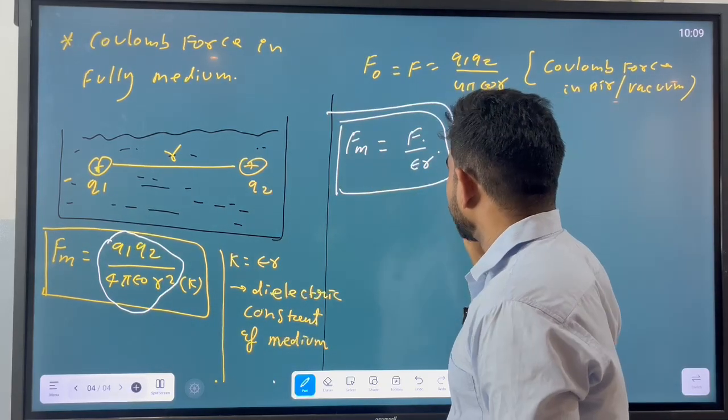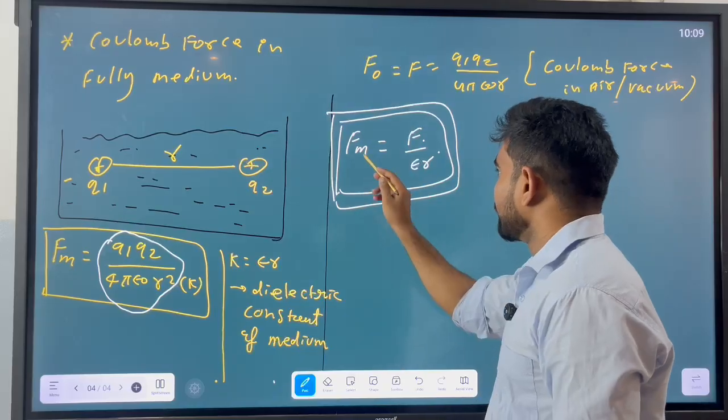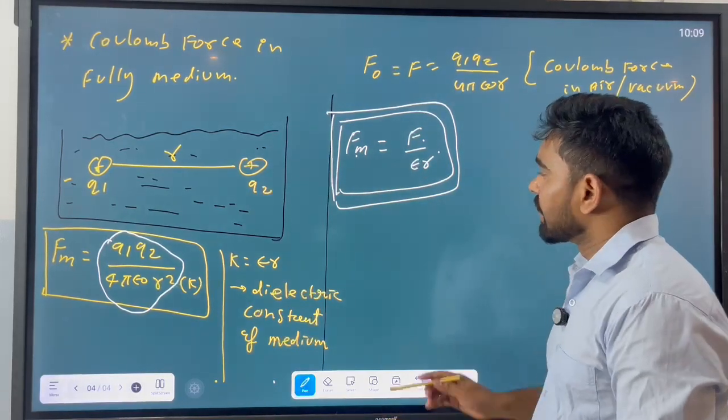This is the basic relation between Coulomb force in medium and Coulomb force in air.